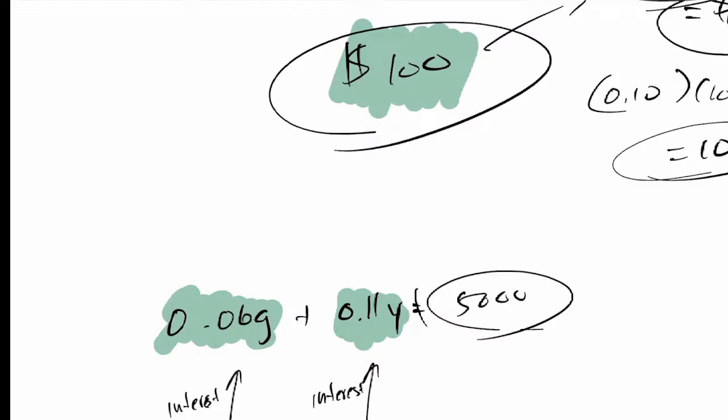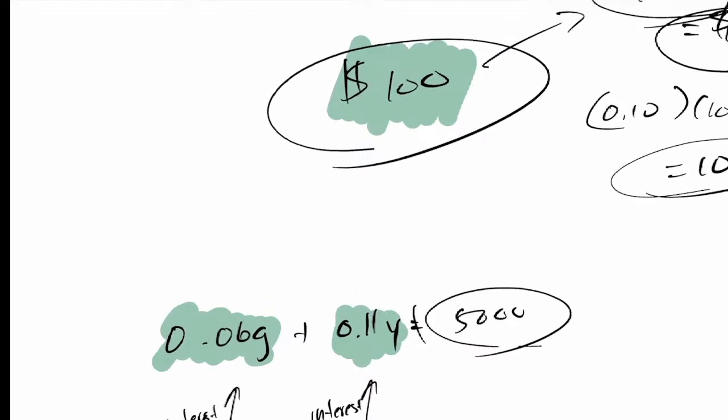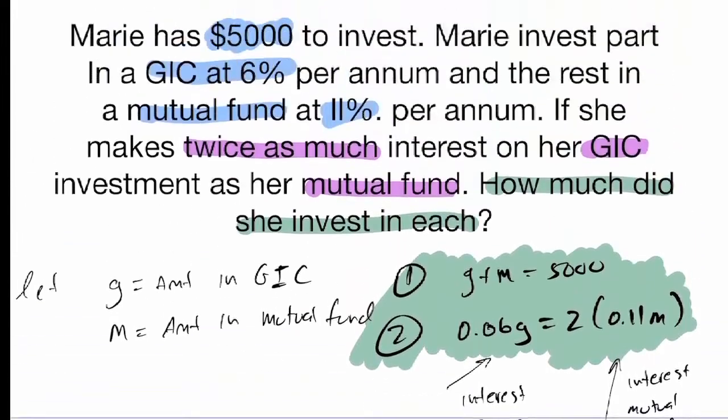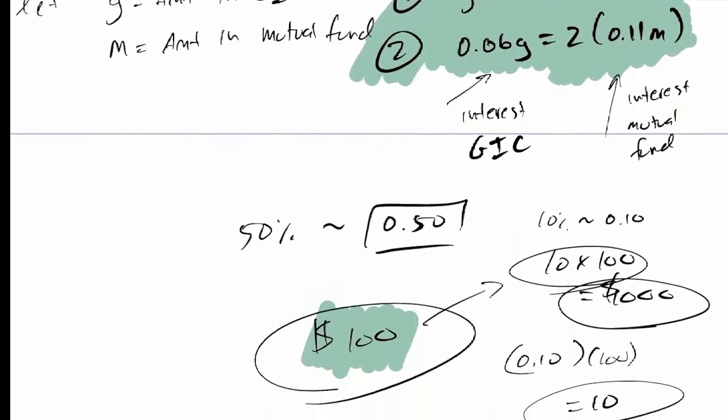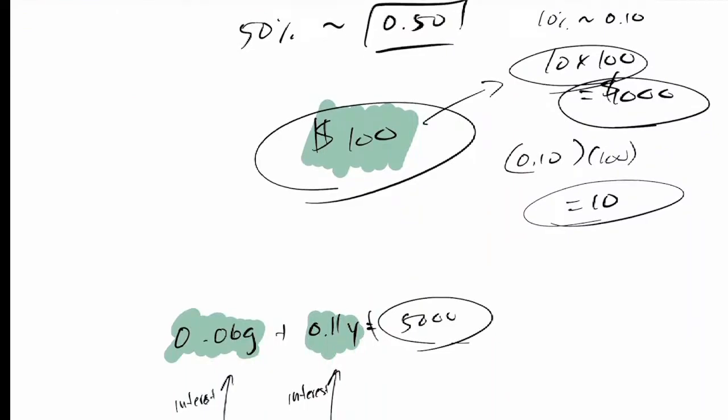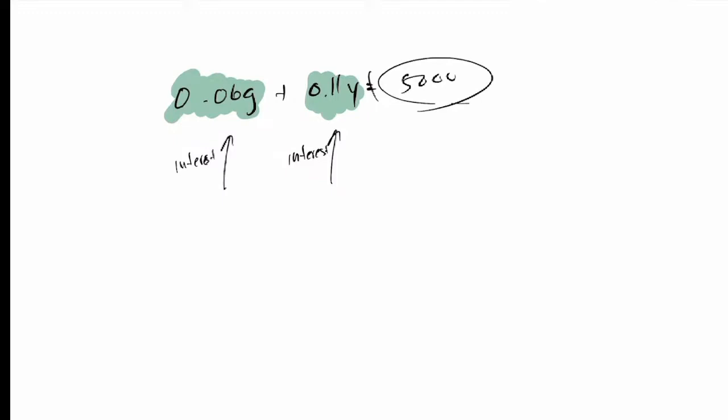5,000 represents your initial investment amount, right? Your interest is on top of your 5,000. Let's say I have $5,000, and let's say I put everything into the GIC. If I put everything into the GIC, you multiply by 0.06, right?